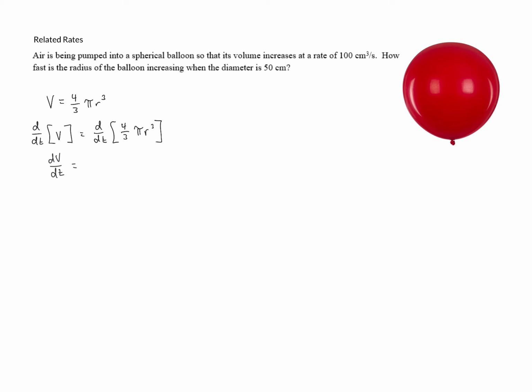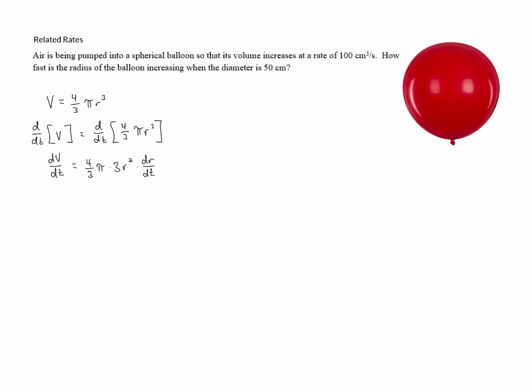Now, on the right-hand side, 4/3 pi is just a constant multiplier, so we can leave that out front, 4/3 pi. And then we have to multiply that by the derivative of r cubed. Well, the derivative of r cubed is 3r squared, but we have to multiply by dr/dt. We've got to use the chain rule here because r is a function of t.